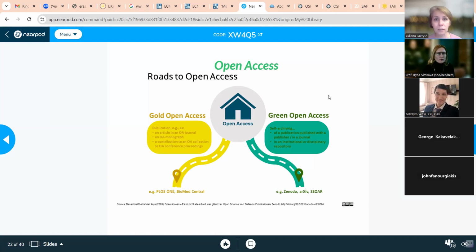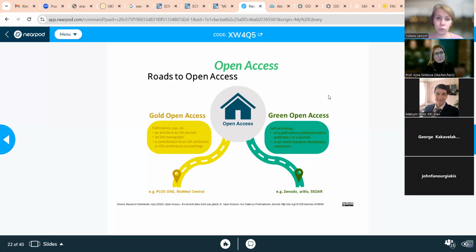You can make it open in your institutional repository, for example, your university library, your university website. So green open access is post-publication. You personally find a repository and make your publication open. It's your personal wish. Usually people do it on university resources or websites or libraries.